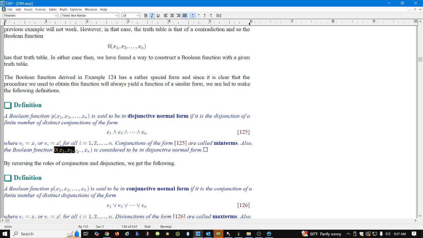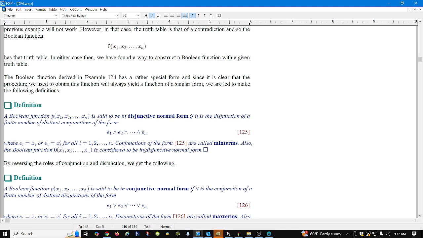You either allow this to be in disjunctive normal form, in which case you can say that any truth table is the truth table of a function in disjunctive normal form, or you can leave this out and say that any truth table that's not a contradiction, all zeros in the last column, has a polynomial in disjunctive normal form with that truth table. So you've got the two choices there.